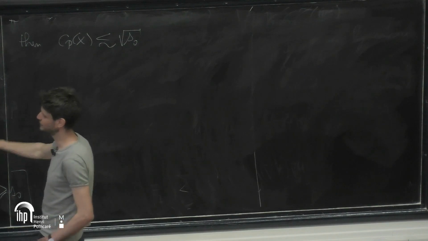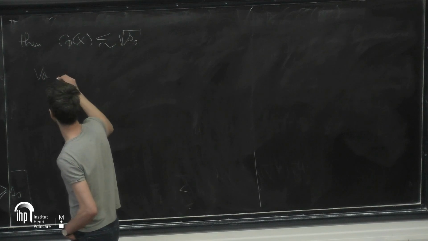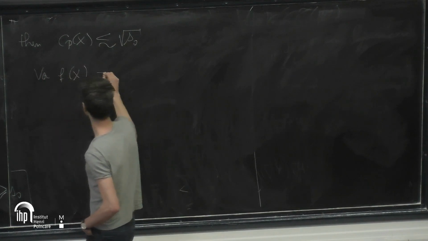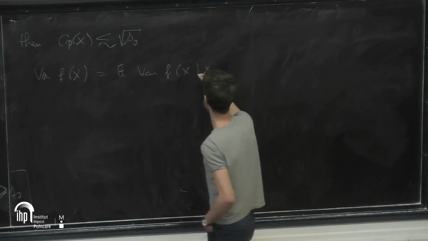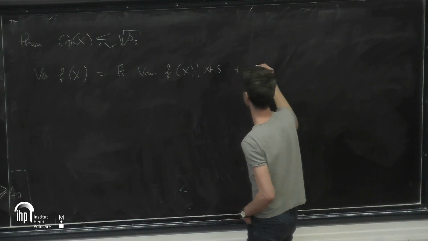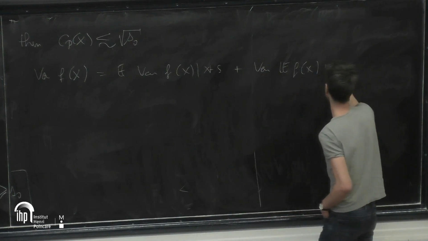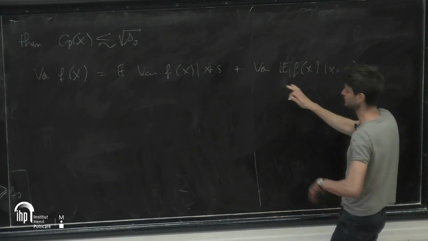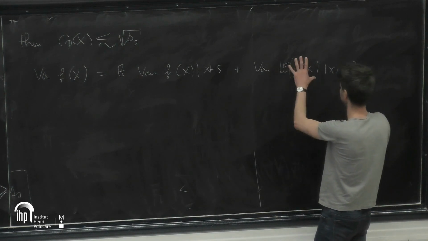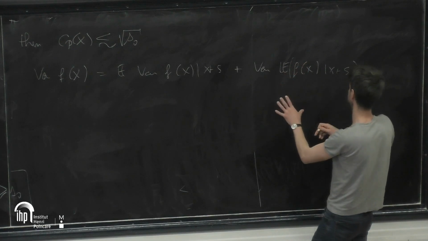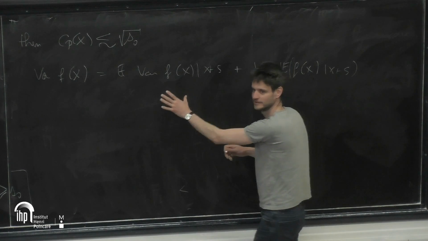Okay, so this was this argument, decomposition of variance. You start, I just give you the start. You do the variance of f of x is the expectation of the variance of f of x conditioned on x plus square root s g, plus the variance of the expectation of f of x conditioned on x plus square root s g. And it turns out that you can control this term by this one somehow.